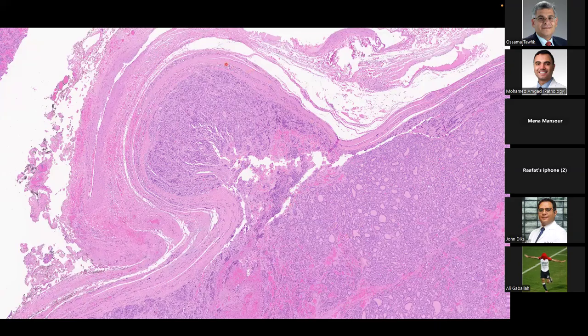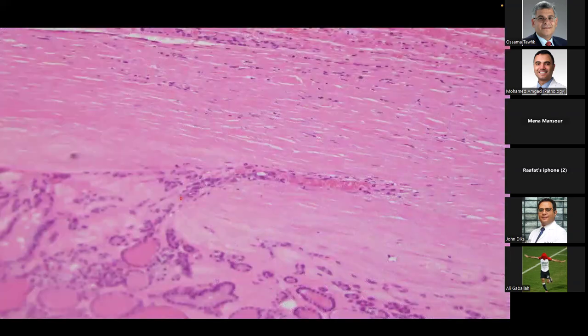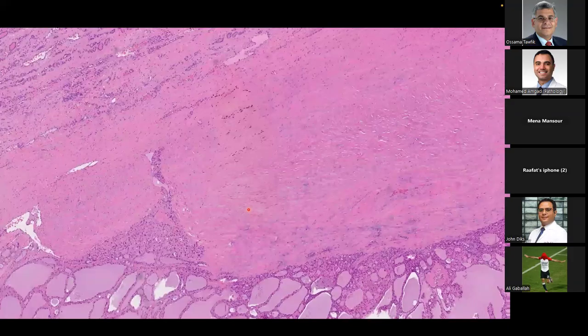Is this the same capsule that was pushed out? It's kind of difficult to figure out. Here you have the follicular lesion and a thick capsule. The follicular lesion is going into the capsule. Is it going into a vessel or not? It's so small, it's very difficult. You got levels, you can't figure it out. You're not sure if this is angioinvasive or not.